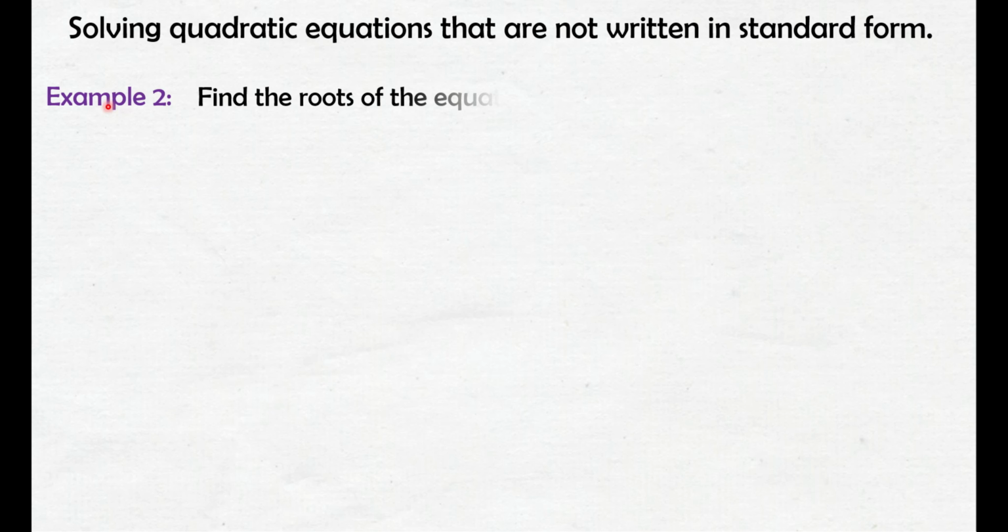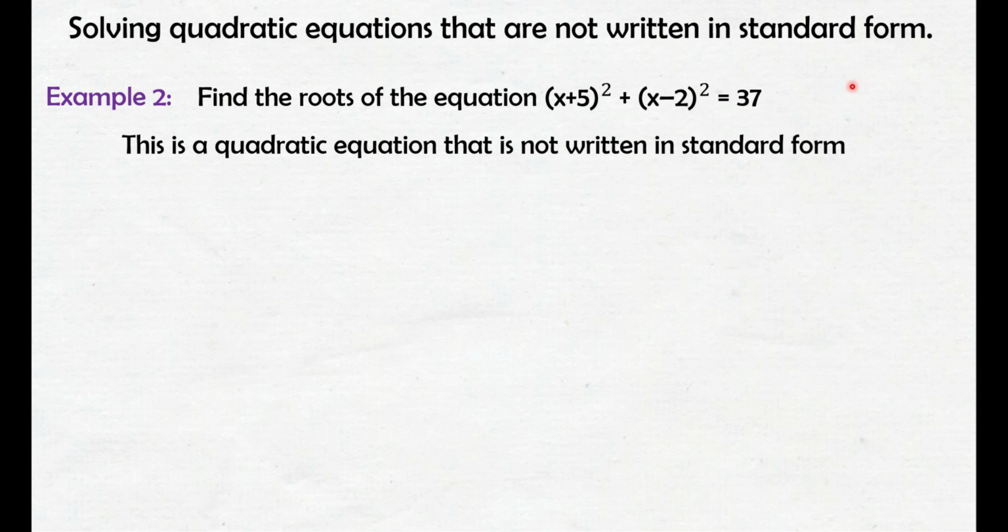Next, example number 2. Find the roots of the equation quantity x plus 5 square plus quantity x minus 2 square equals 37. So, i-expand natin itong mga square of binomial na ito. Okay, so this is a quadratic equation that is not written in standard form.